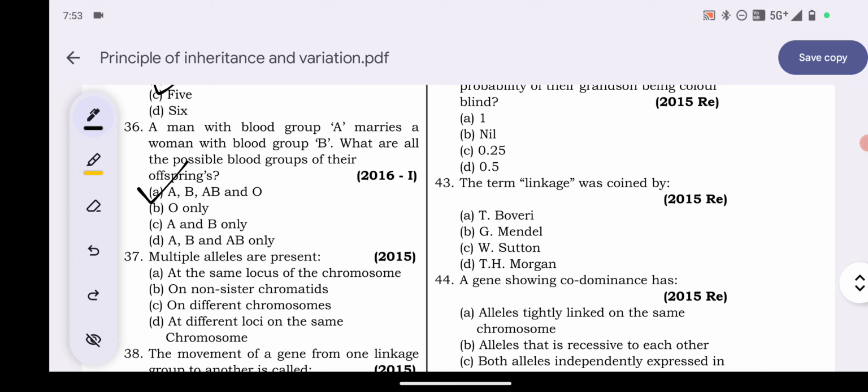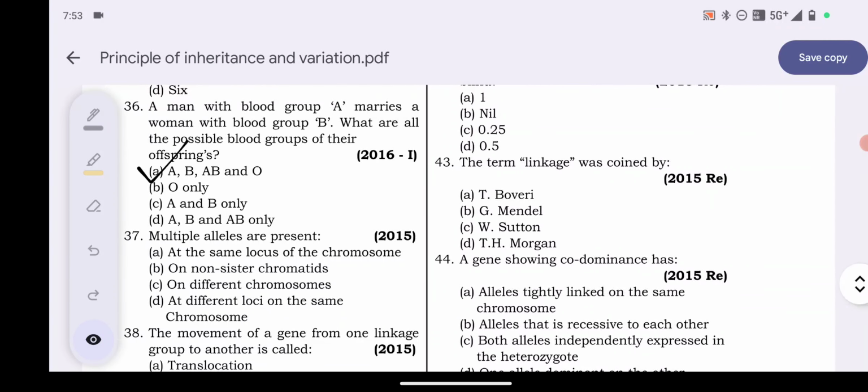Okay. Question number 37. Multiple alleles are present at the same locus of the chromosome, on non-sister chromatids, option C, on different chromosomes, option D, at different loci on the same chromosome. Multiple alleles are present at the same locus of the chromosome.